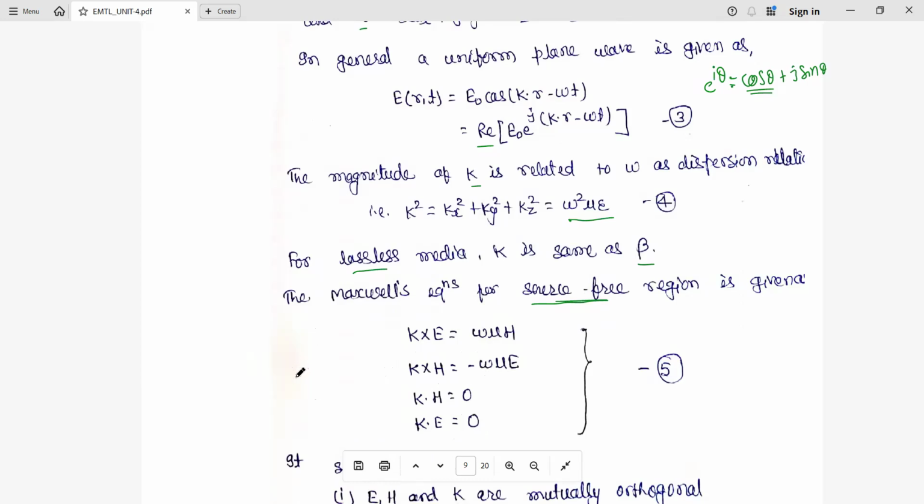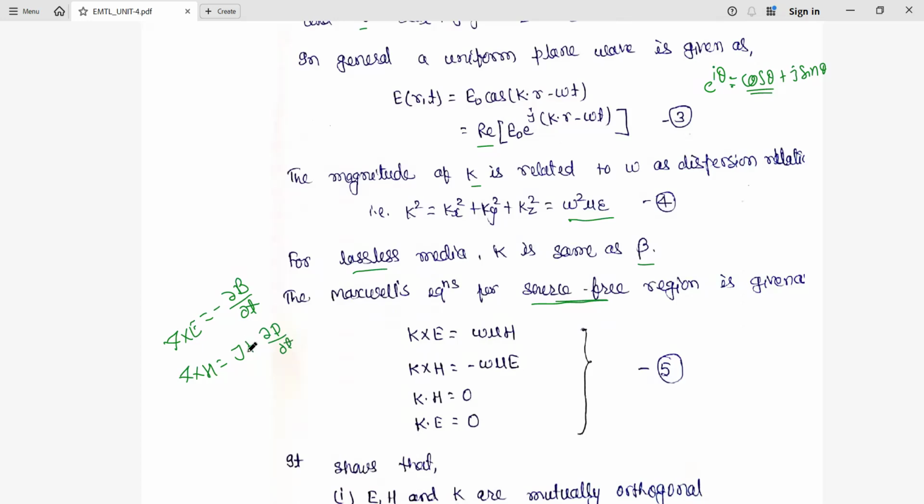If you remember the earlier expressions, we had del cross E equals minus dou B by dou t, and del cross H equals J plus dou D by dou t.